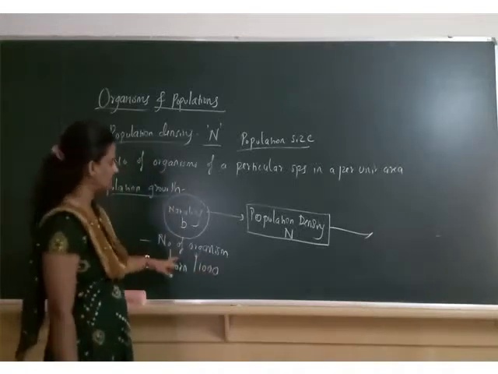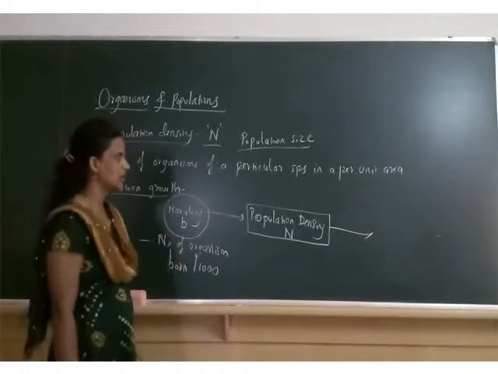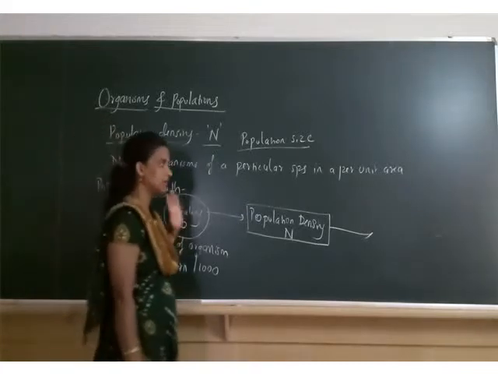Number of organisms born per 1,000 organisms is called birth rate.